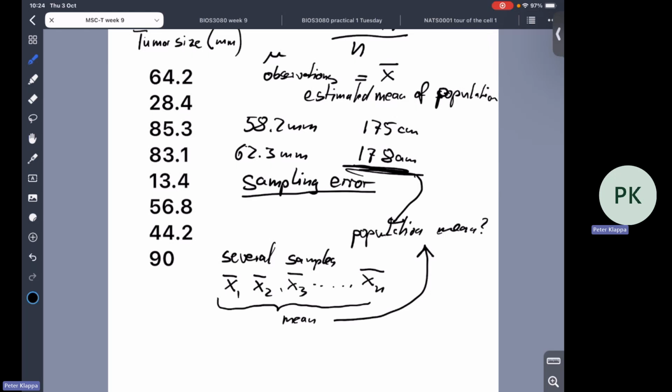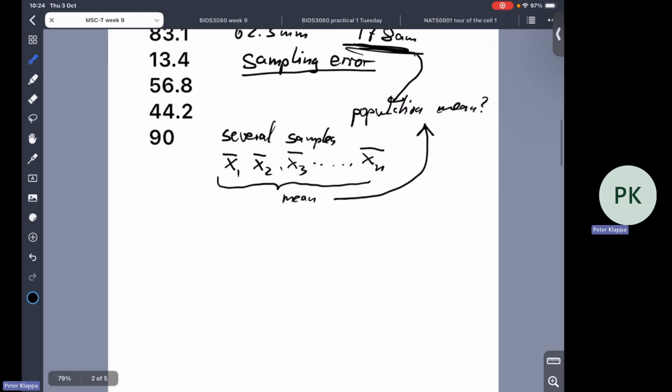So why don't I say it is, for example, 178.2 centimeters plus or minus a little bit, right? And this a bit might include all the different sample means that I calculated.